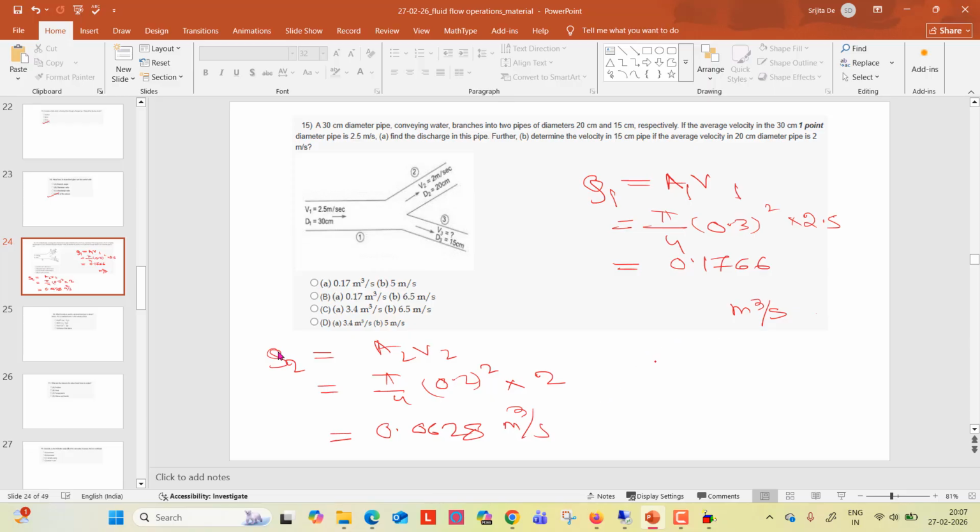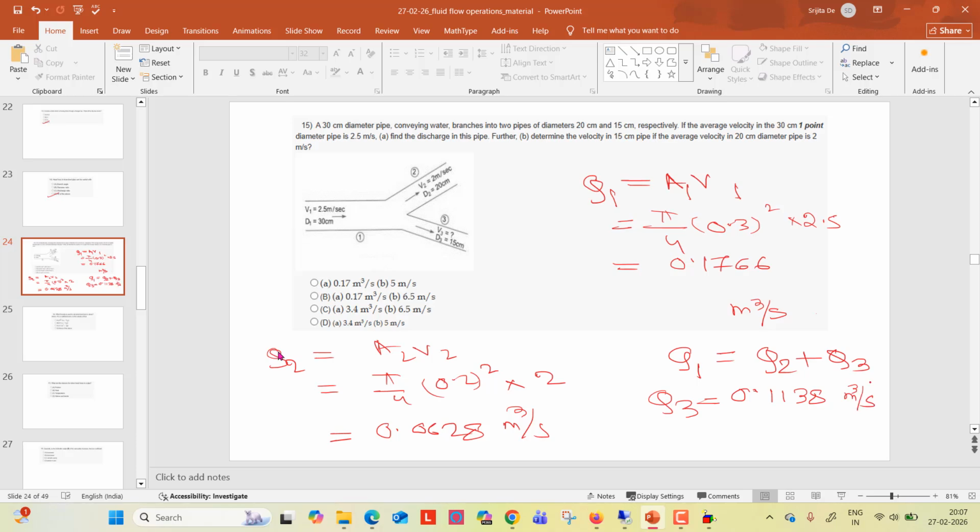We know that from the junction, as 1 is breaking into 2 and 3, Q1 equals Q2 plus Q3, right? So Q3 will be Q1 minus Q2. So Q1 we know, that is 0.1766 minus 0.0628 equals 0.1138 meter cube per second, right?